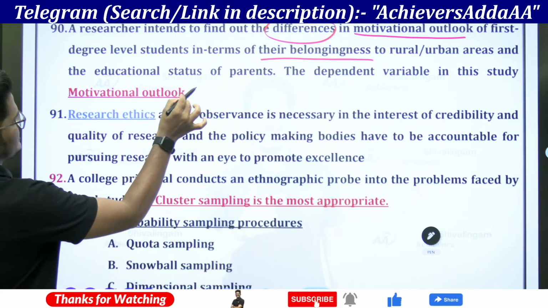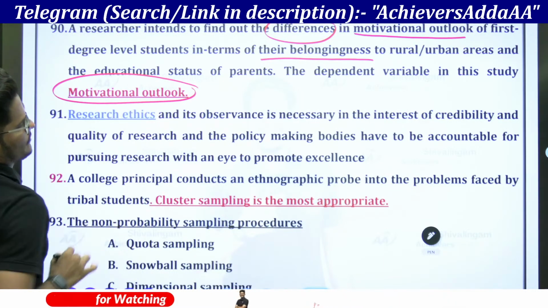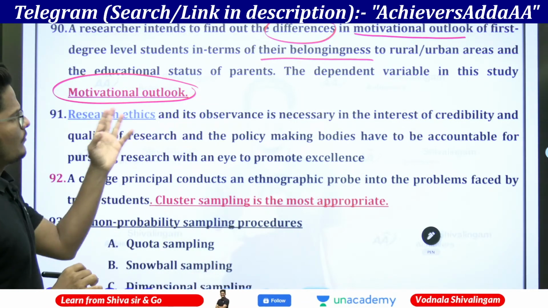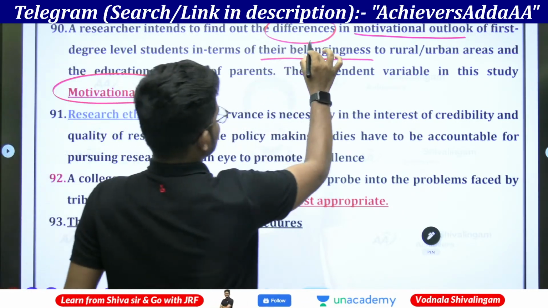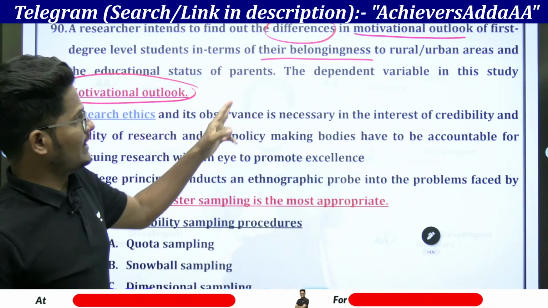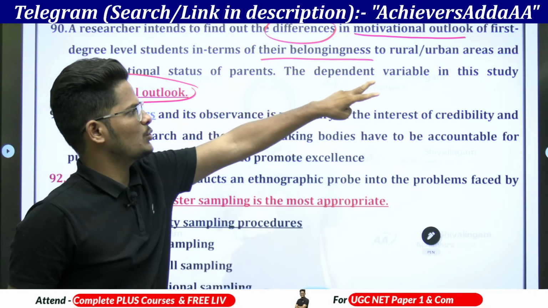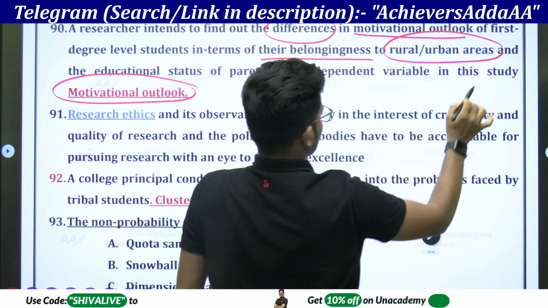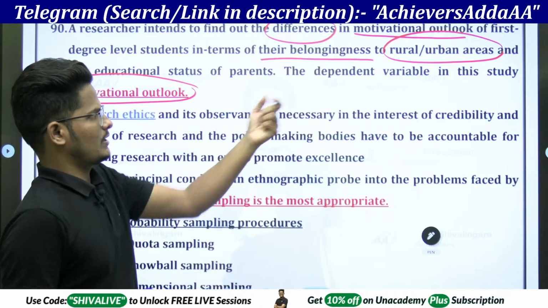The dependent variable in the study is motivational outlook. Why motivational outlook here? Differences in motivational outlook of first degree level students in terms of belongingness to rural or urban. This will be a moderating or intervening variable, whether they belong to rural or urban.